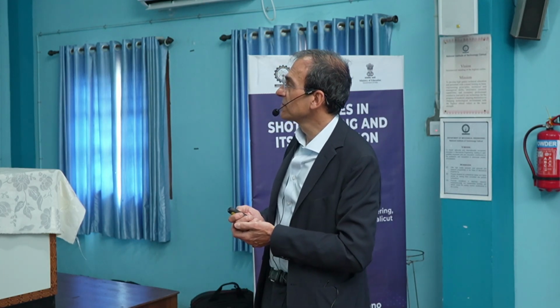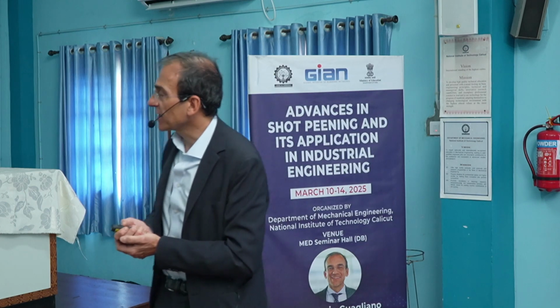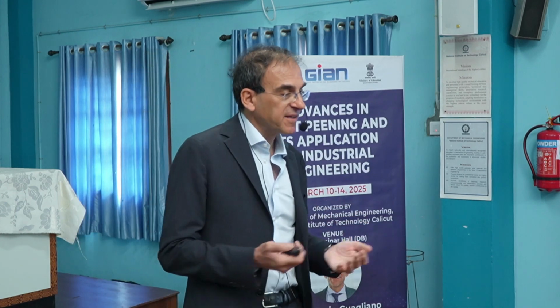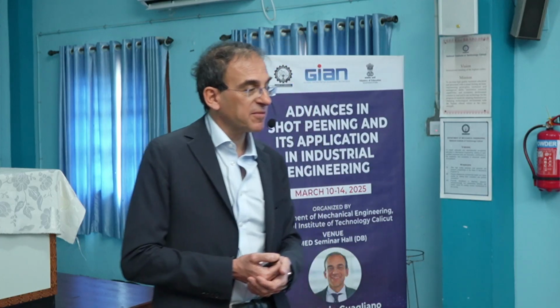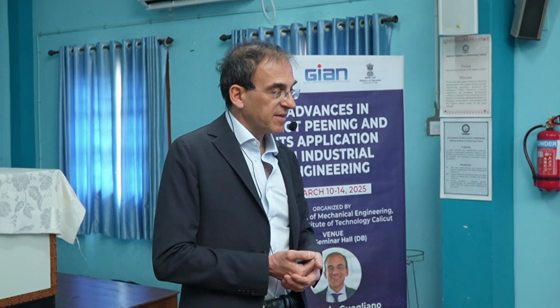J is another particular specification for general application. But let me say the most widely used are the general specifications given by SAE. Let's talk about the material. We can use different materials. Of course, the shot has a cost, and the cost varies with the process we are using for obtaining the shot itself.